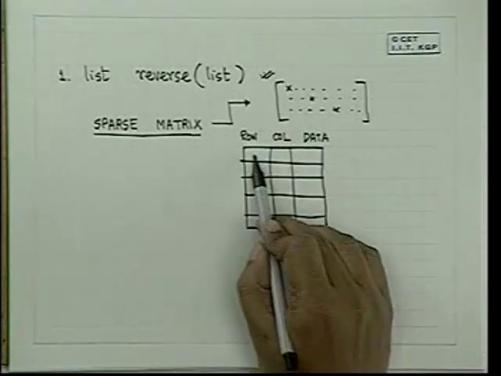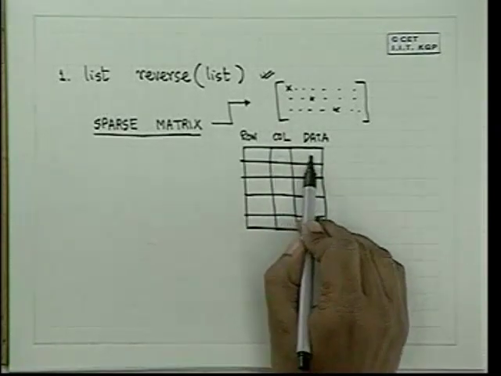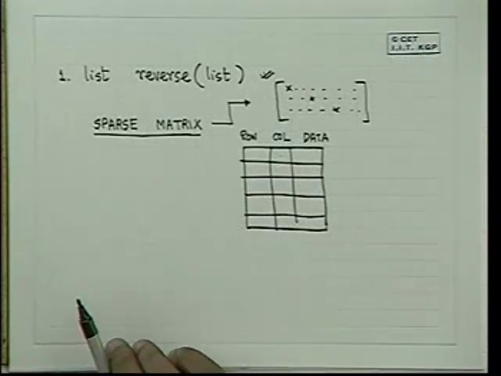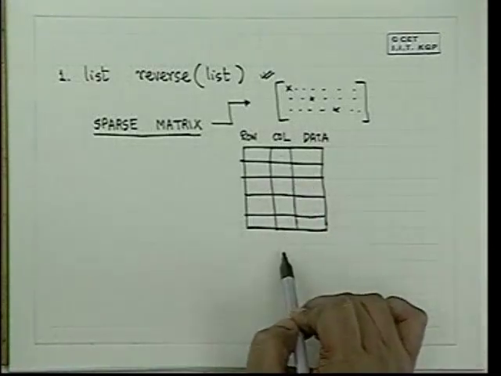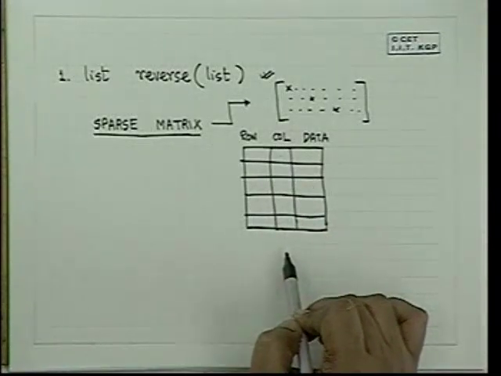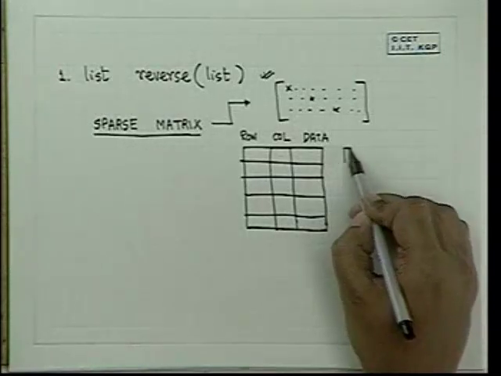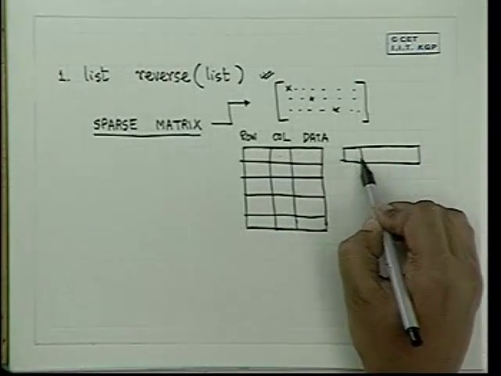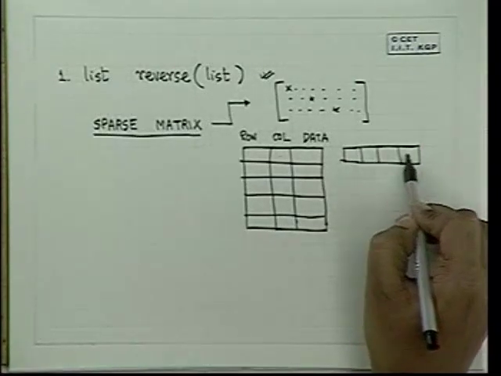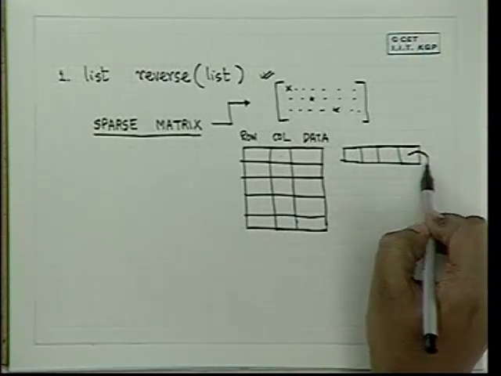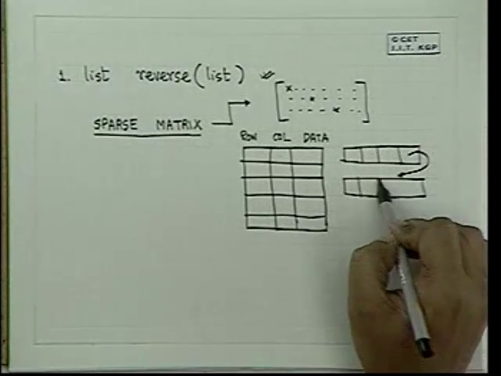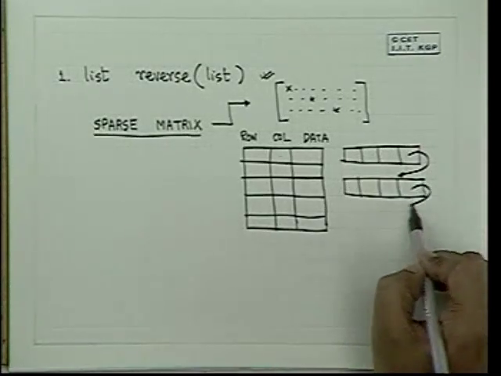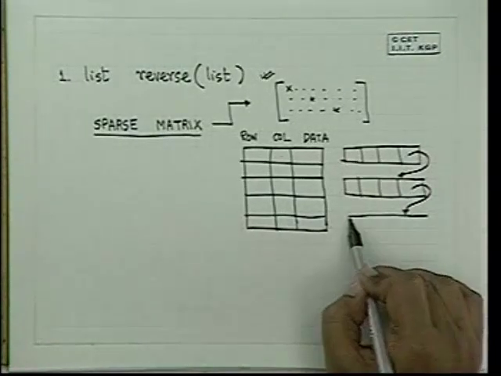You store the row number, the column number, and the data. And if you know how many you are going to store, then obviously you can malloc an array and store it. And if you don't, then obviously other than row, column, data, you will have a link field which will point to the next element. You can always create a linked list like this.